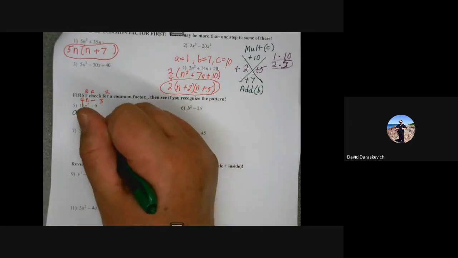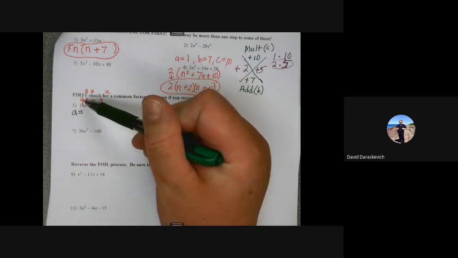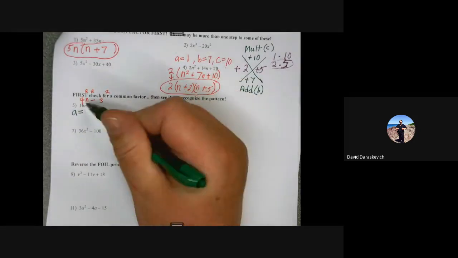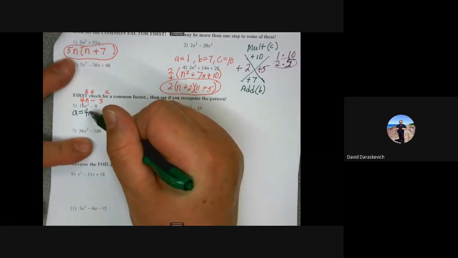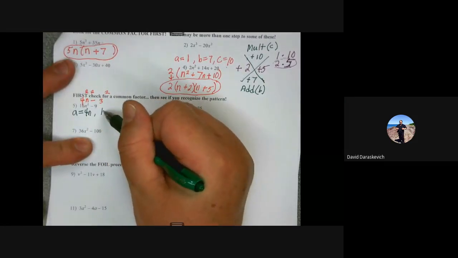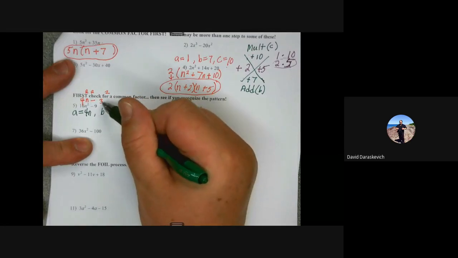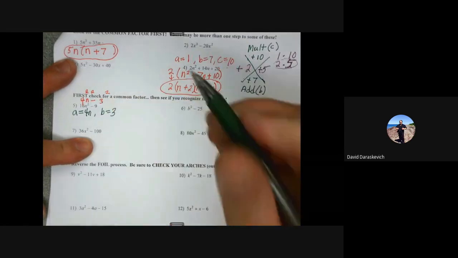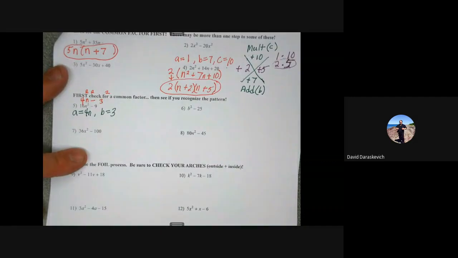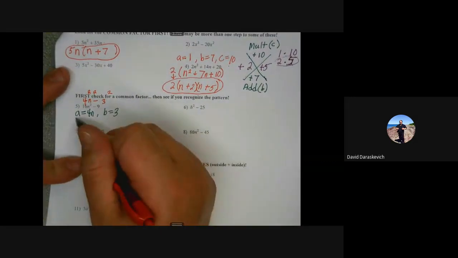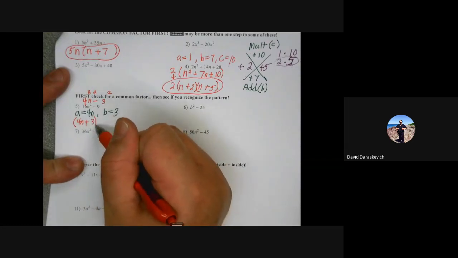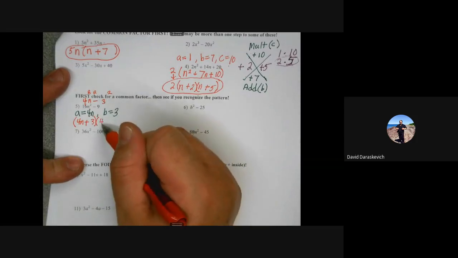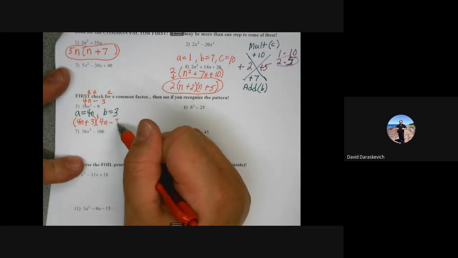The a is what base is being squared. And here I have the base 4n being squared. My b, I have the base 3 being squared. So then I can go directly to my shortcut formula: a, which is 4n, plus b, which is 3, and then a, which is 4n, minus b, which is 3.